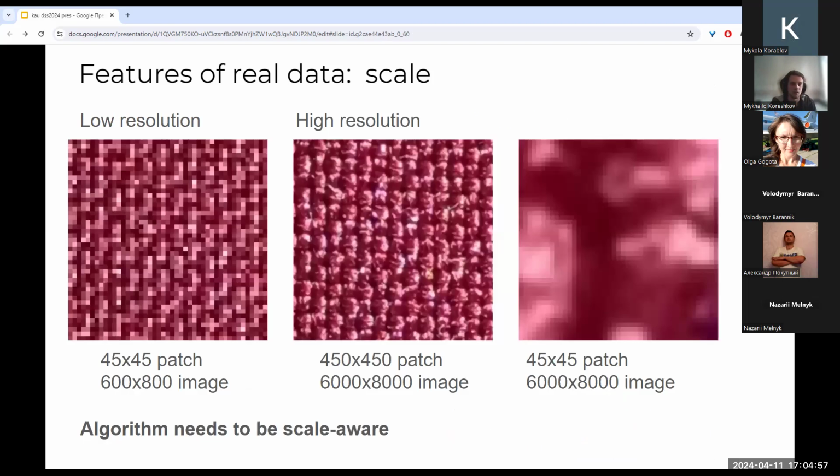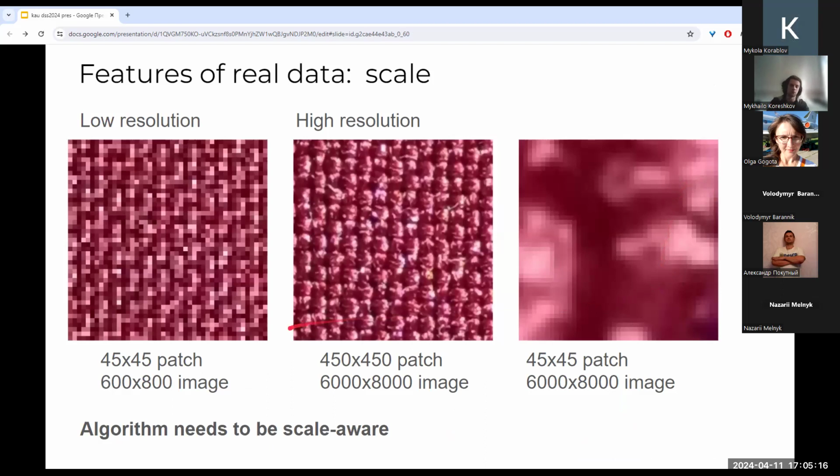Another really interesting thing about textures is that they are really scale dependent. For example, we can talk about a texture on a 45 by 45 pixel patch.